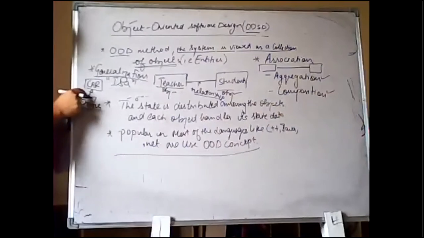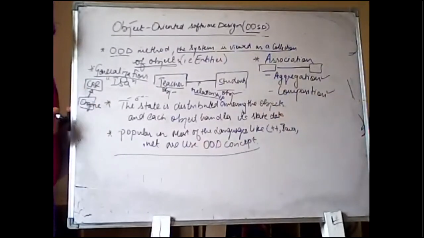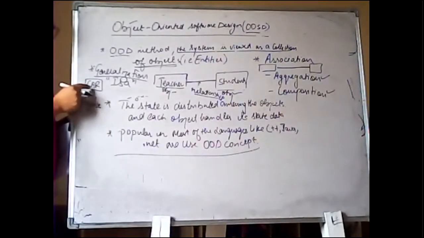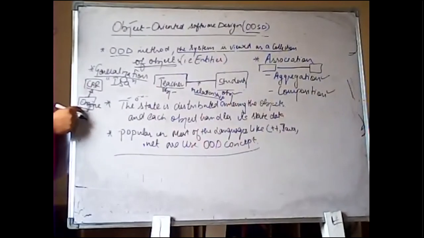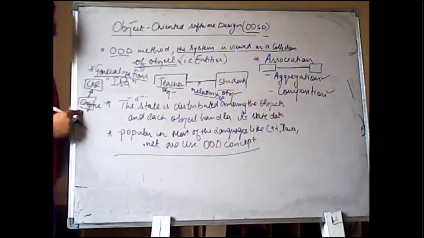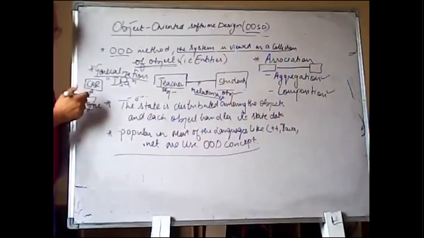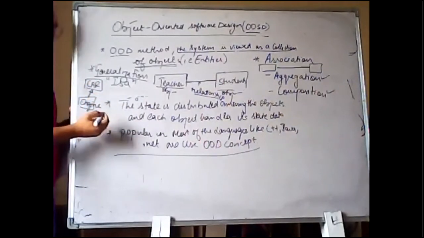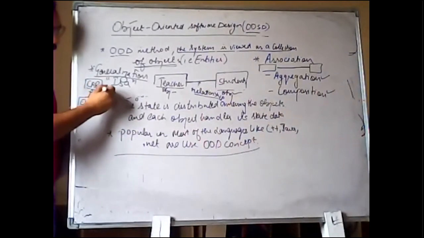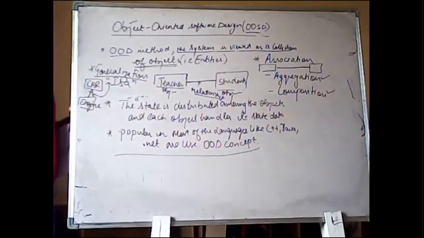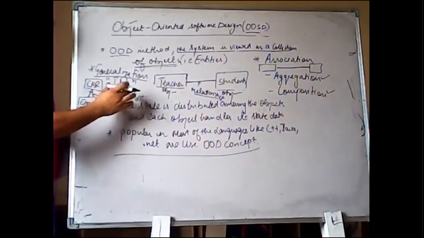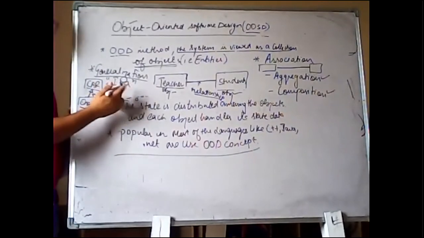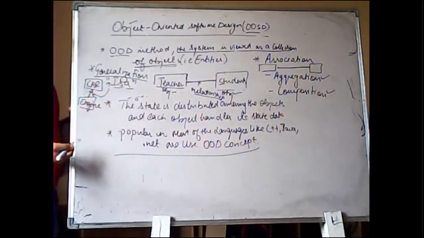This is a generalization relation, because car is the parent class and engine is the child class, a subclass of the superclass. With these two entities, if you want to show some type of relationship, this is your generalization relation, and it is also called an "is a" relationship.